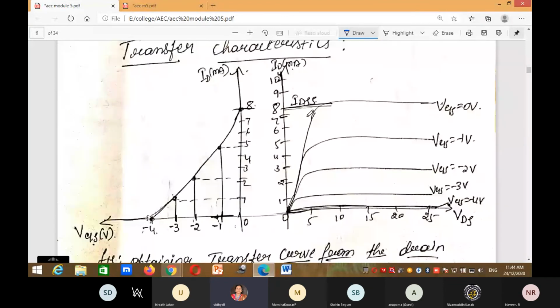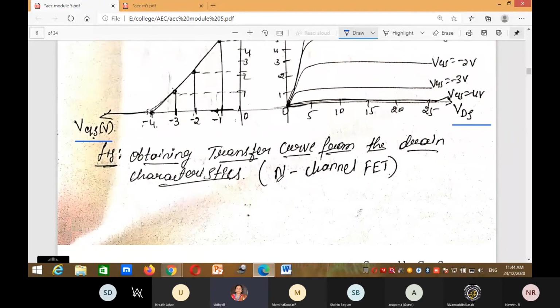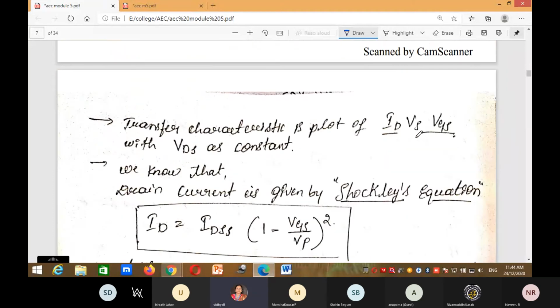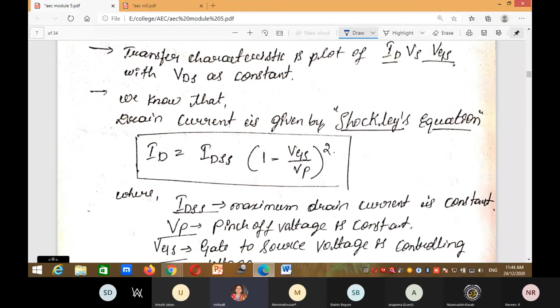Transfer characteristics you can observe between ID versus VGS and ID versus VDS. This is the transfer characteristics. Transfer characteristics is a plot of ID versus VGS with VDS constant. We know that drain current is given by Shockley's equation, that is ID is equal to IDSS open bracket 1 minus VGS divided by VP close bracket whole square.